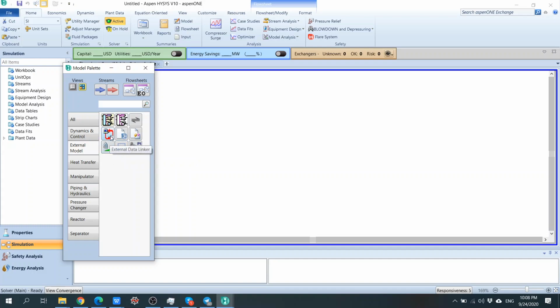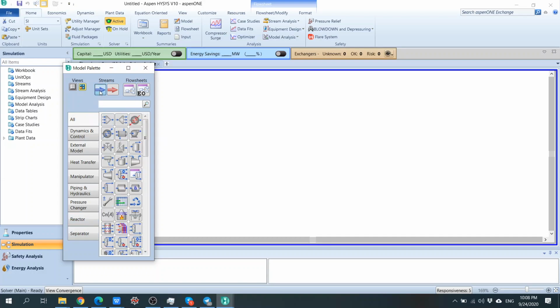There's also OLGA, I guess, CAPE-OPEN, Aspen Custom Modeler is there. Then heat transfer is about heat exchangers. Manipulator is about process calculator, recycle, adjuster. Piping and pressure changes is about pumps, compressors, valves, reactors, separators. So you know this.